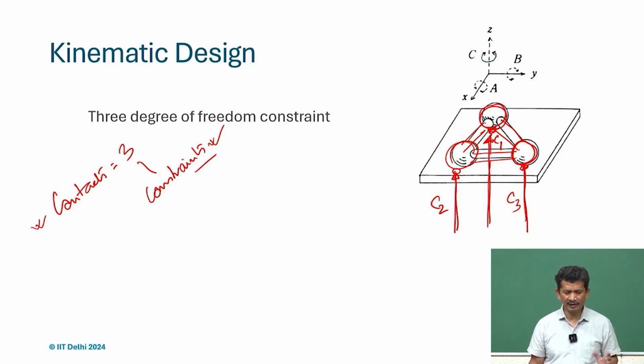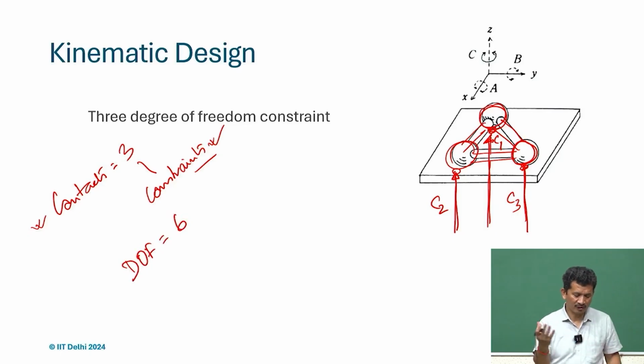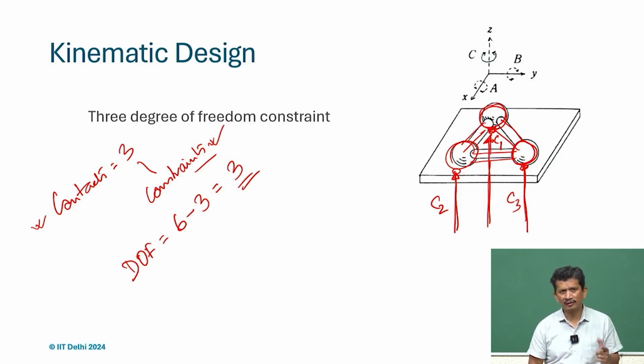So, if we have 3 constraints, 3 contacts, and if each contact removes one degree of freedom, it means if it is freely moving in space, it will have 6 DOF. We remove 3 of them and we are left with 3 DOF. So, we need to understand here what are the constraints imposed in this case and what are the degrees of freedom.